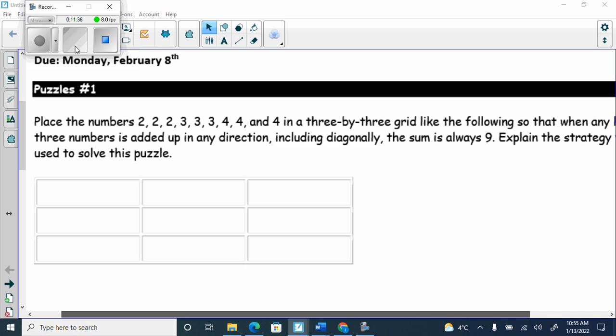Try it out. What did you guys do? 3 diagonally down the middle. And the bottom left corner is 2.